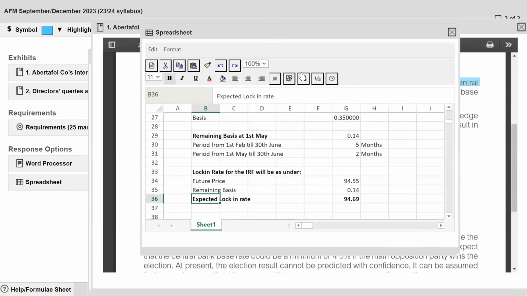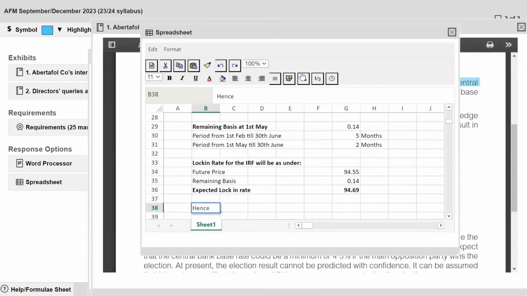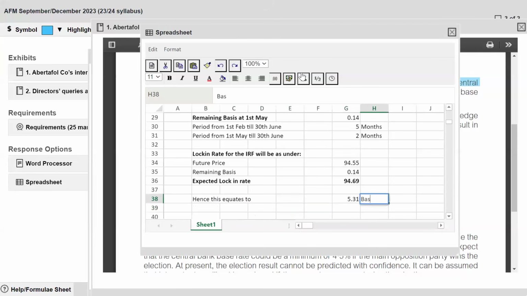Hence, this equates to 100 minus 94.69, which is a 5.31 base rate.